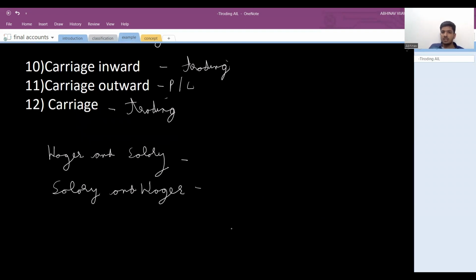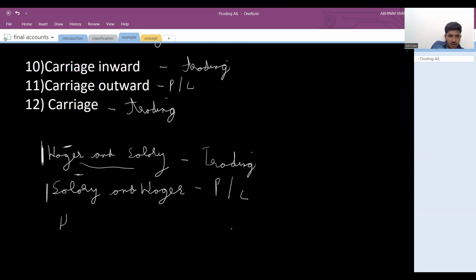Wages is direct and comes in trading. Salary is indirect, so it comes in profit and loss. Where do we classify this entire term? Whenever they give this question, always only pay attention to the first word. First word is wages here, so wages and salary goes to trading. Here the first word is salary, so salary and wages goes to the P&L account.